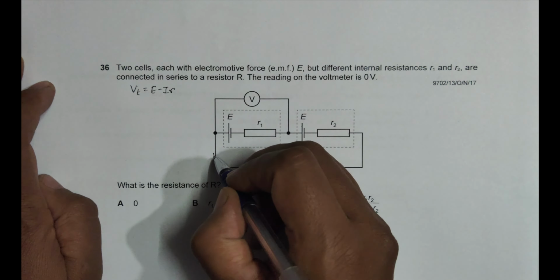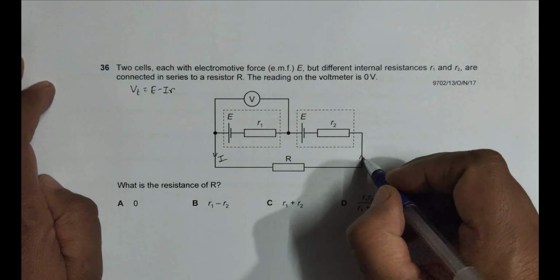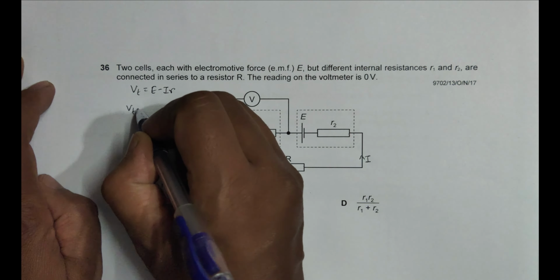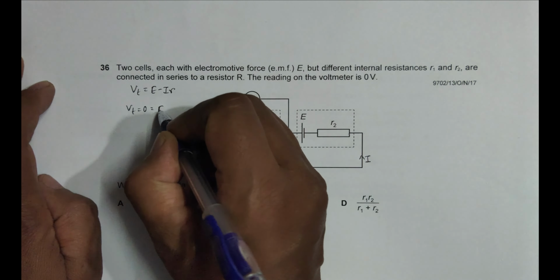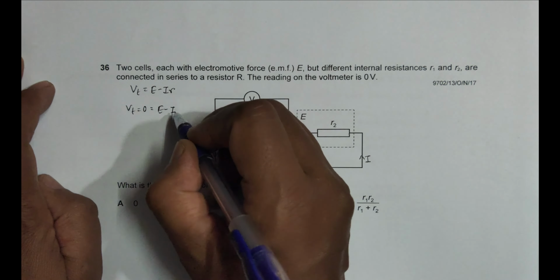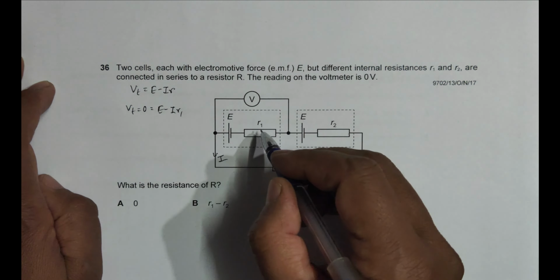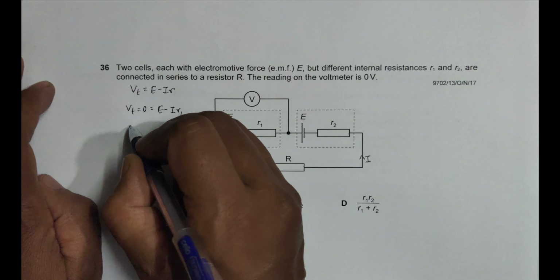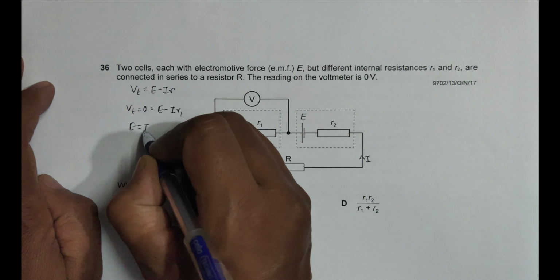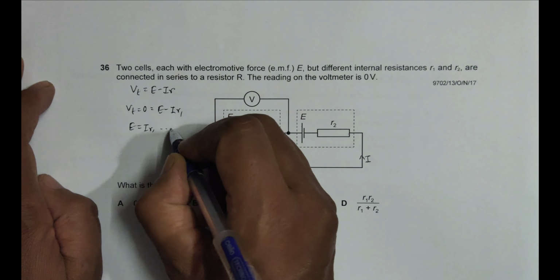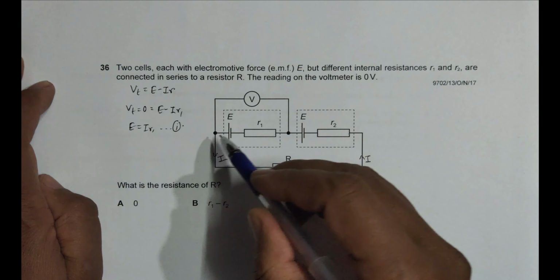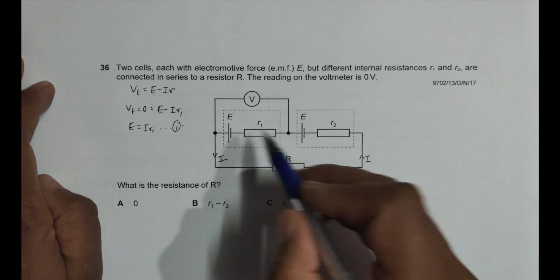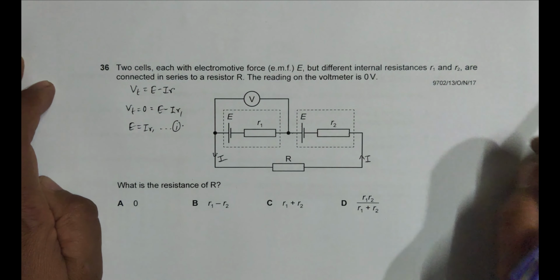If I have I as the current in the circuit, so for this case I'll have Vt equal to 0 is equal to E minus I and then R1. So here the inner resistance is R1, so that's why it's equal to IR1. So this gives me E is equal to IR1. Let us name it as equation number 1. So for this thing, the use of the relation for terminal PD gives us E equal to IR1.